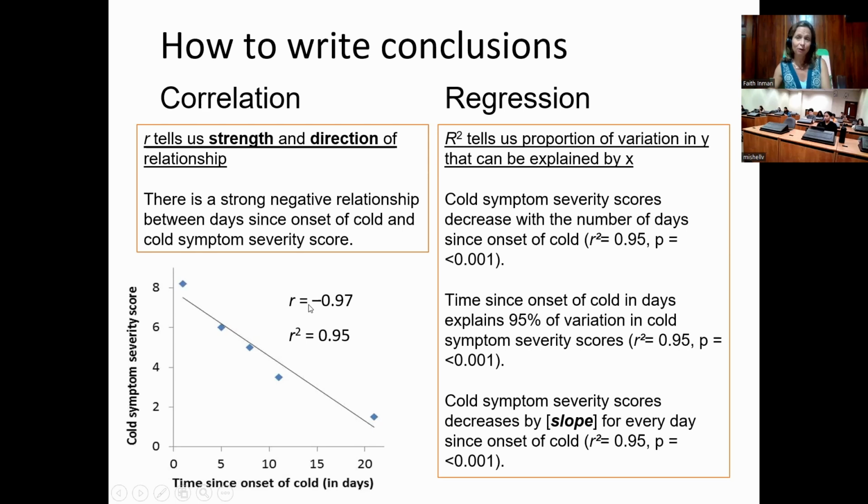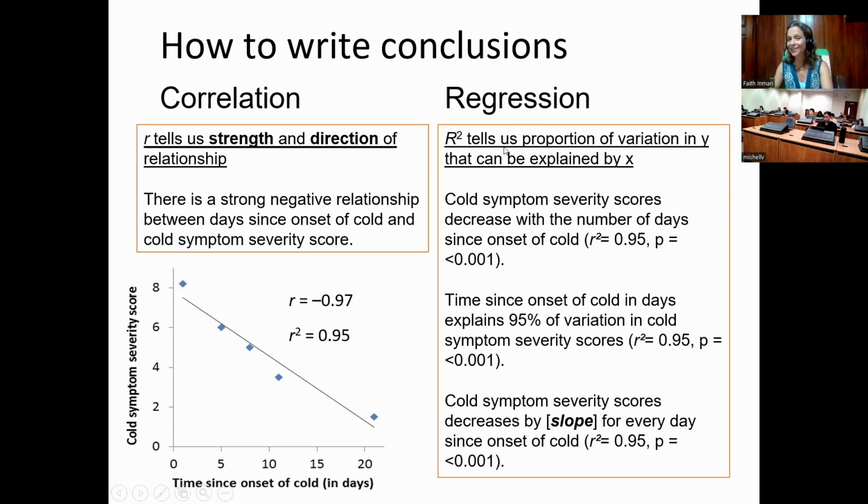And if our correlation coefficient was negative 0.97, we could say there is a strong negative relationship between days since onset of cold and cold symptom severity score, right? We know that our relationship is both strong and negative. And actually, we should put in here our R. R equals negative 0.97.